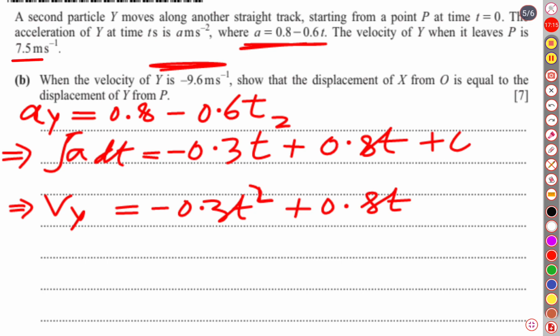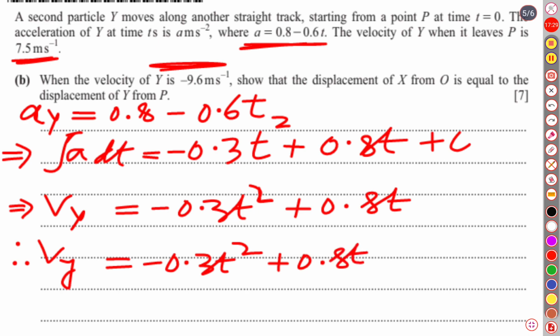The initial velocity was 7.5. Hence, our velocity of particle y is negative 0.3t squared plus 0.8t plus 7.5, or plus c.